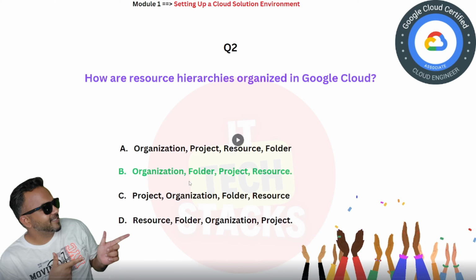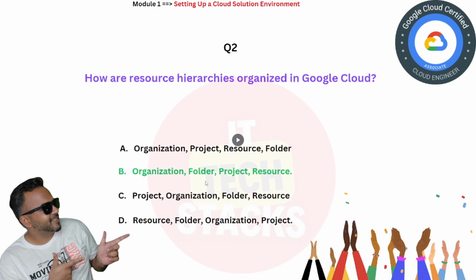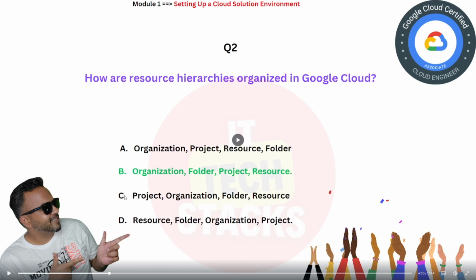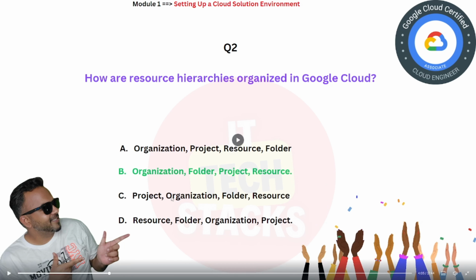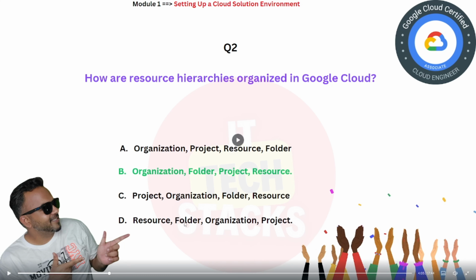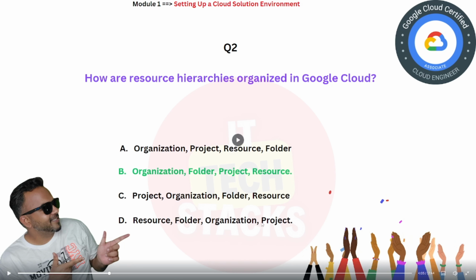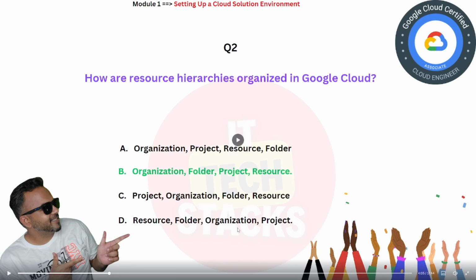This can be divided into folders, which are optional, and next there are projects you define. Finally, the resources are created under the projects. If you answered C, it's incorrect, because organization is the highest level of the hierarchy, not the project. Option D is incorrect, because organization is the highest level, followed by the optional folder, project, and then resources.